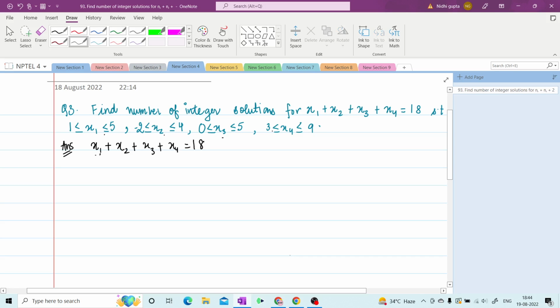So find the number of integer solutions for this. If x1 plus x2 plus x3 plus x4 is equal to 18, and suppose we have unlimited choices, that xi is greater than or equal to 0. That is the only condition we require.